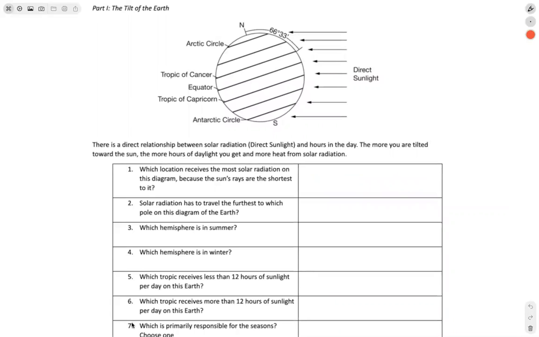So looking at 7, which is primarily responsible for the seasons? Which one of these reasons causes our seasons? Is it the rotation of the earth around the sun? Is it the tilt of the earth on its axis? Is it the spin of the earth each day, or the varying distance of the earth and the sun?